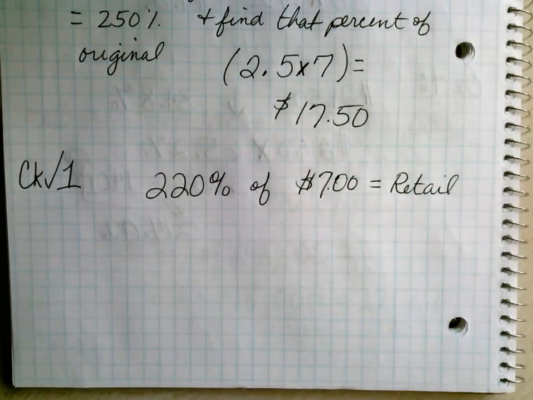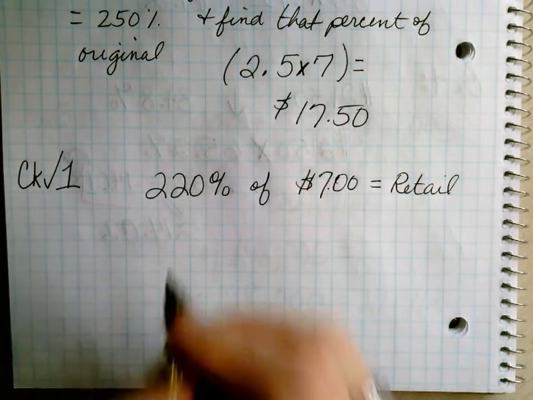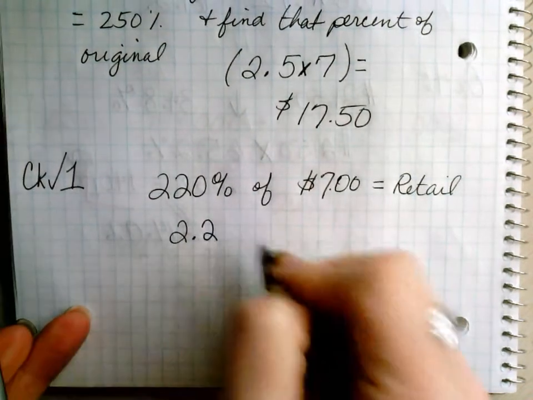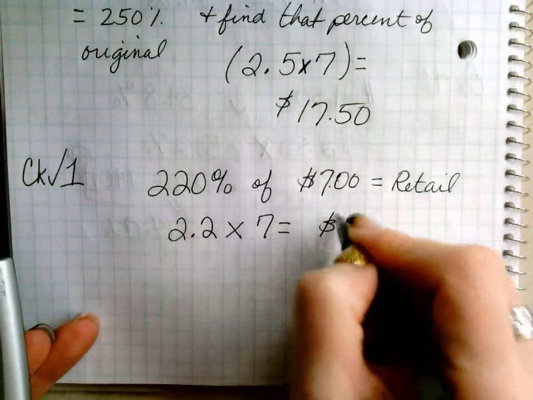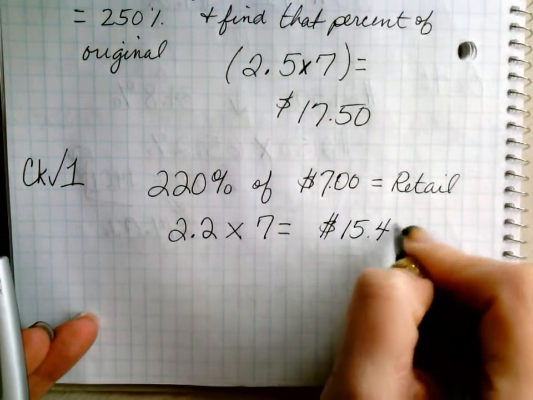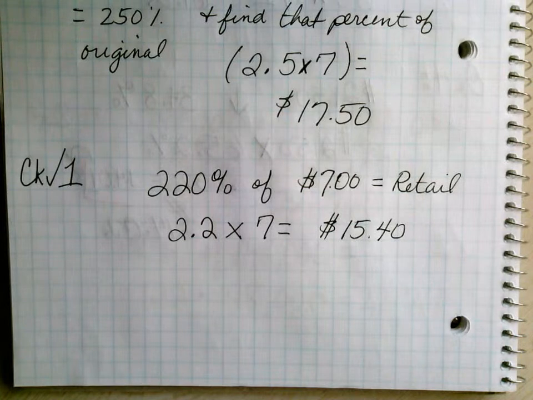Okay, 100% is what I paid for it, 120 is what I added to it, 2.2 multiplied by 7. And you should have gotten $15.40. Everybody get that? Everybody that got that far? Super. Moving on.